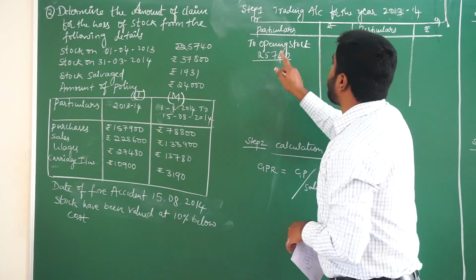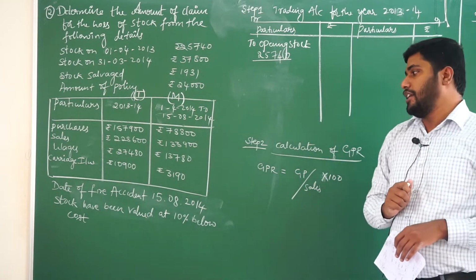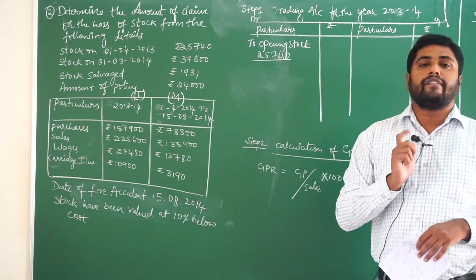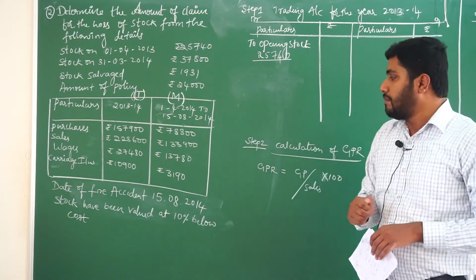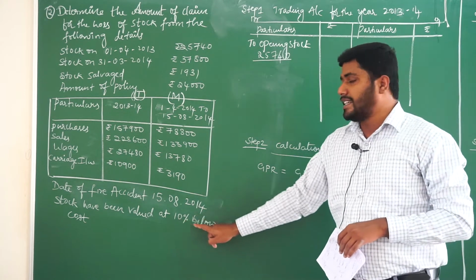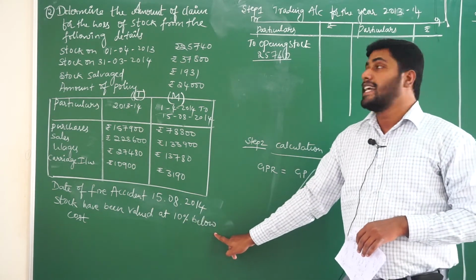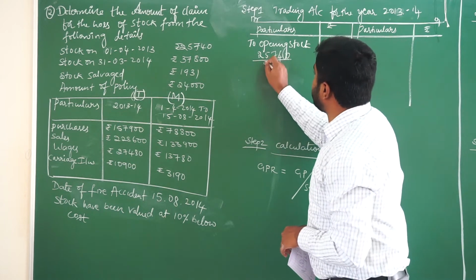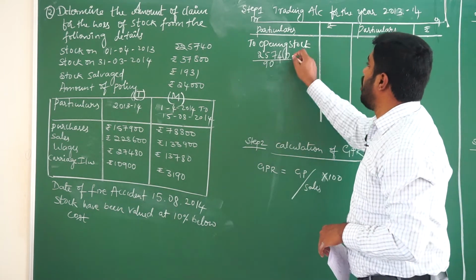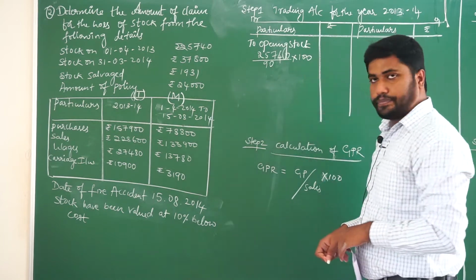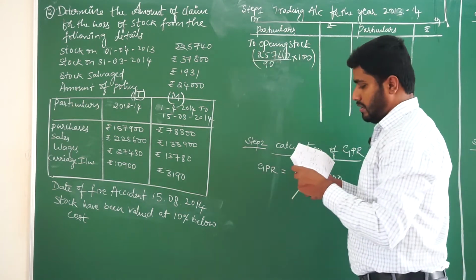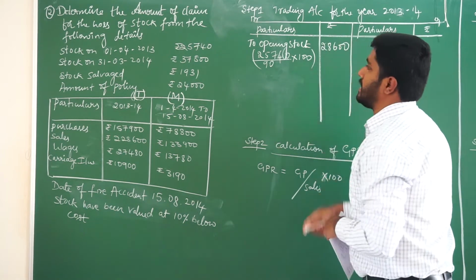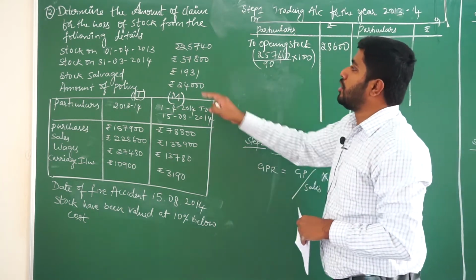Stock should always be valued at 100%, but here stock is valued at 10% below, which means 90%. Here 25,740 represents 90%, then how much for 100%? You will get 28,600.